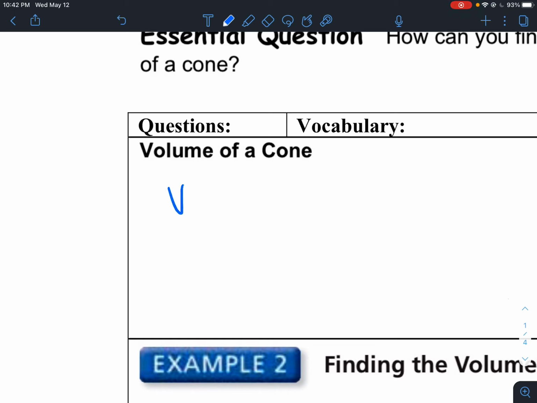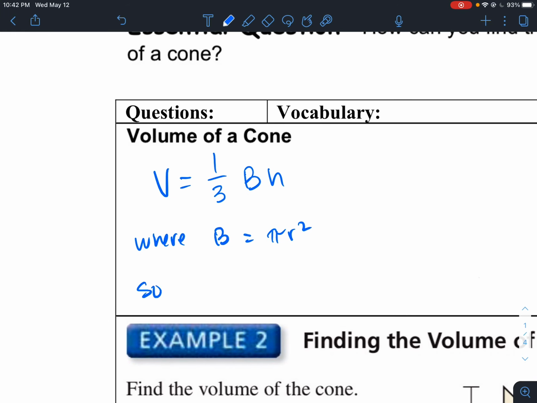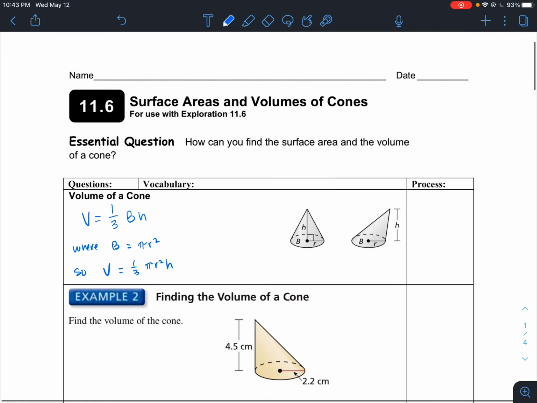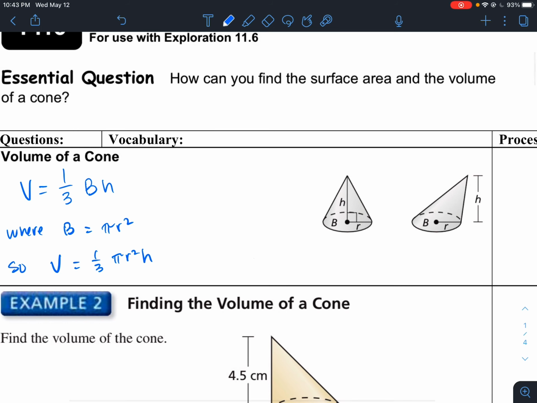So in this case, the volume is still 1/3 times the area of the base times the height, but the base is circular, so the base area is pi r squared. So volume is equal to 1/3 times pi r squared times the height, and that's the volume of a cone.